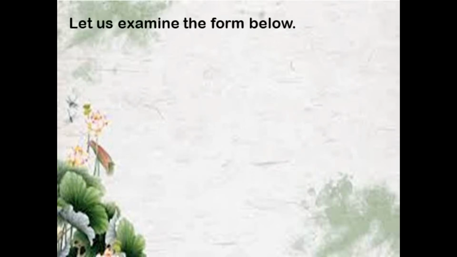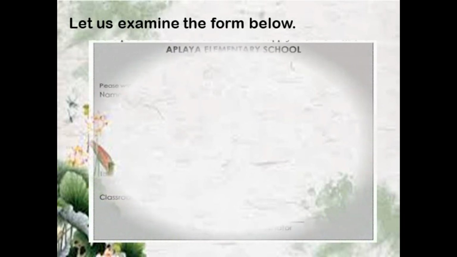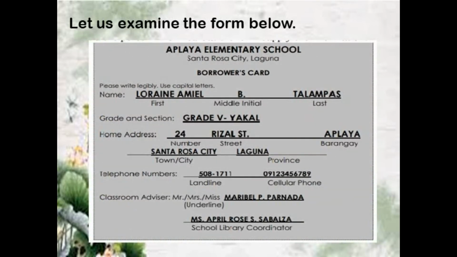Let us examine the form below. What are the information asked? Correct. The information asked are the name, grade and section, home address, telephone numbers, and classroom advisors.